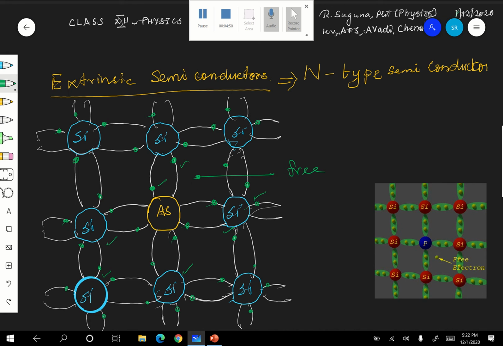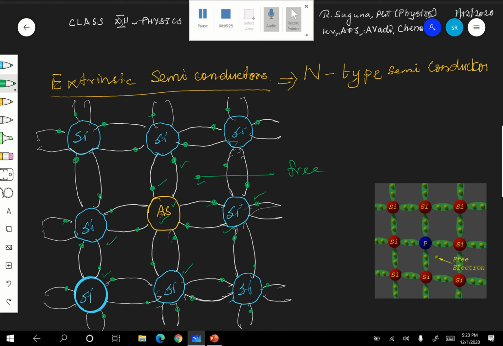And this electron is almost free. This electron is weakly bound to its parent arsenic atom. Why? Because there is an electrostatic force of attraction between the electron and the atom, and the electron is revolving around it, so it is weakly bound.